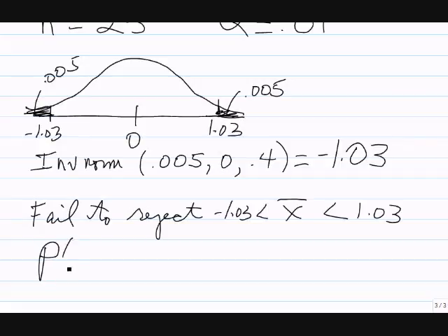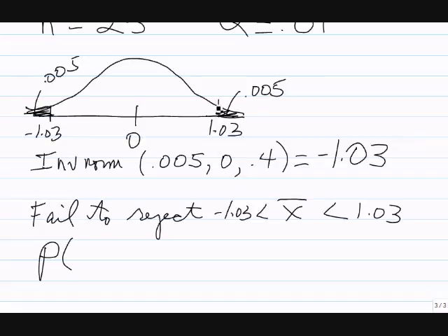What's the difference between critical X bar and regular X bar? An X bar would be just whatever sample mean that I got. A critical X bar gives me a place on the x-axis where I'm going to reject my null hypothesis if any sample is less than that or greater than that.